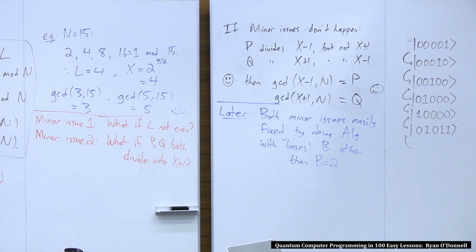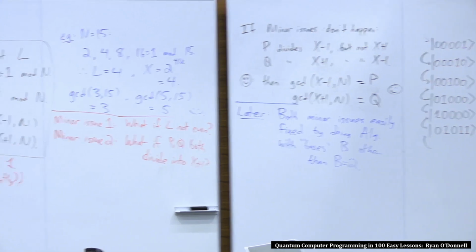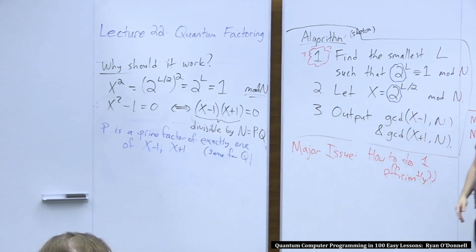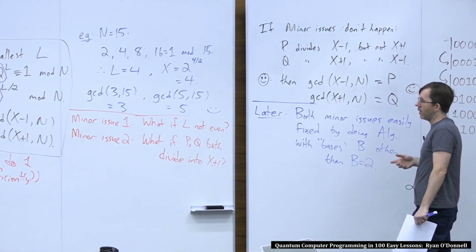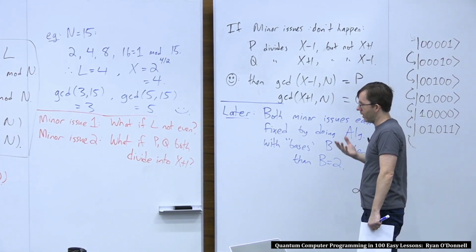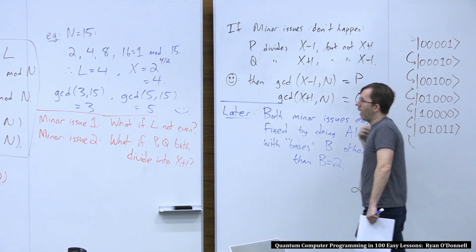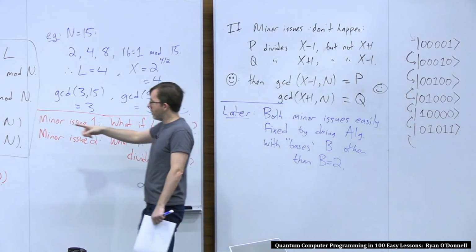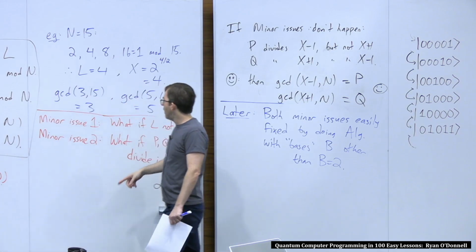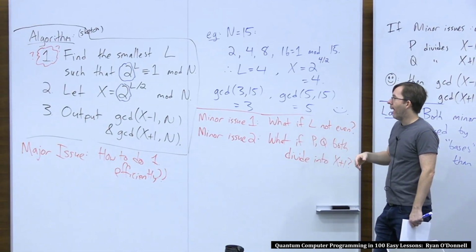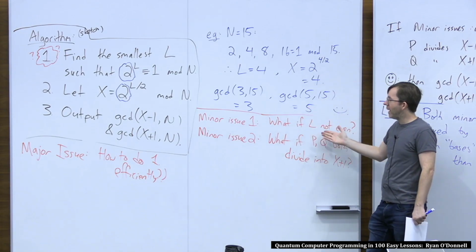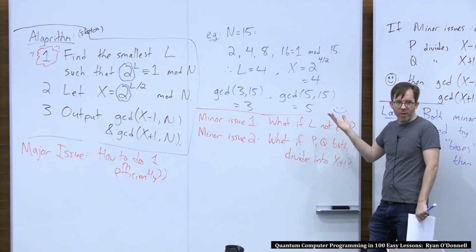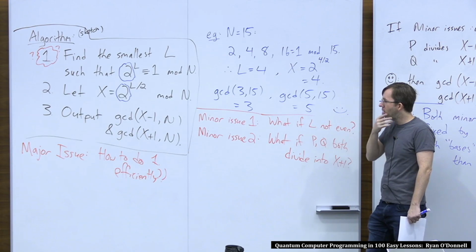And if this was 3 instead of 2, it would be the same explanation. So you can always try this algorithm with 3 instead of 2, or 10 instead of 2, or your favorite number instead of 2. And if you try it with different numbers, let's call it b, then you'll get different values of L. If the first number you tried, 2, made L odd, then maybe the next base you try will make it even, and you'll be happy about this minor issue.